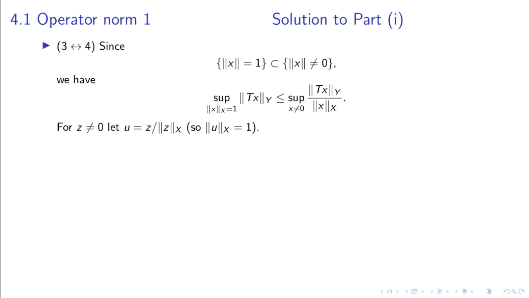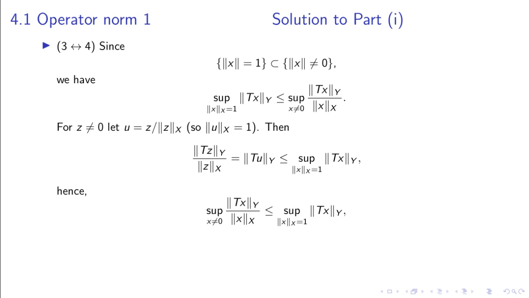Because T is linear, the norm of Tz divided by ‖z‖_X equals the norm of Tu. Hence, the quotient ‖Tz‖_Y divided by ‖z‖_X is bounded above by the supremum of ‖Tx‖_Y over all x with norm 1.